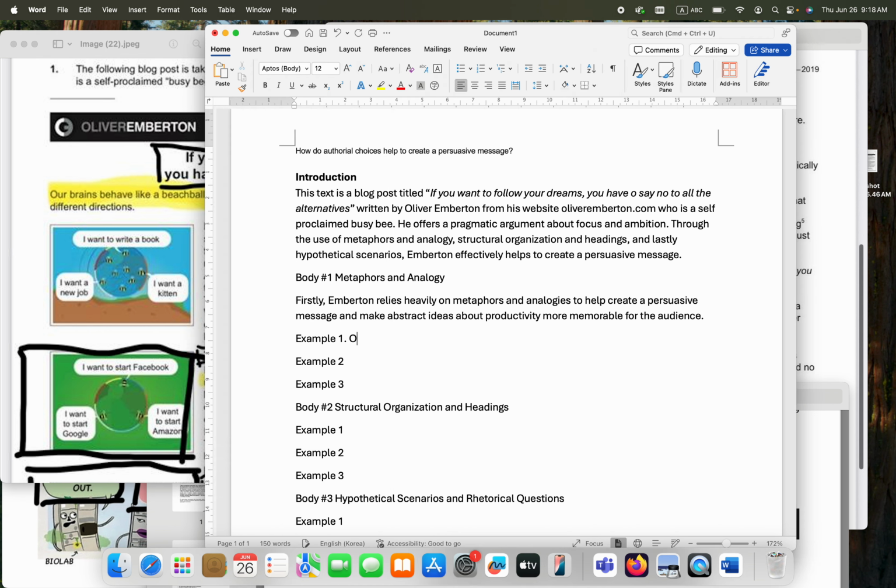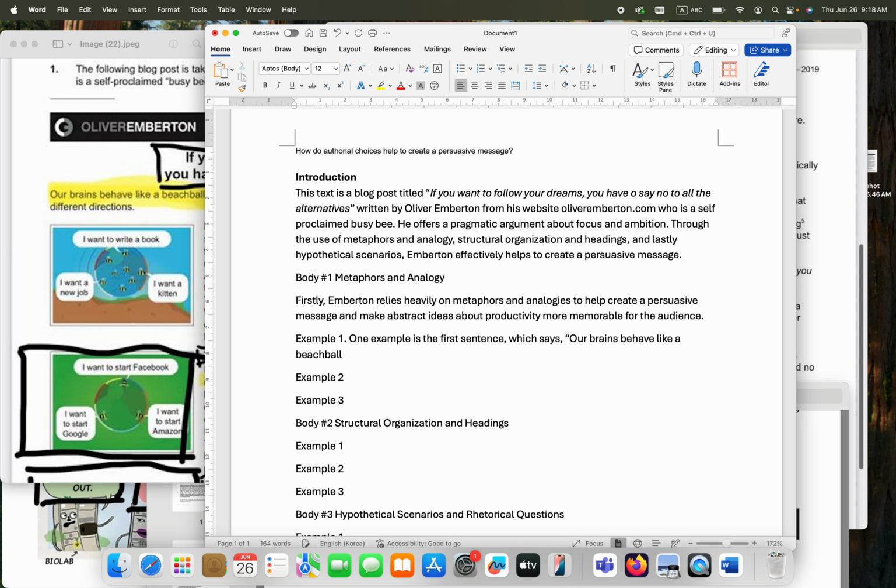So just start with one example. Example is the first sentence, which says, our brains behave like a beach ball filled with bees. Alright.